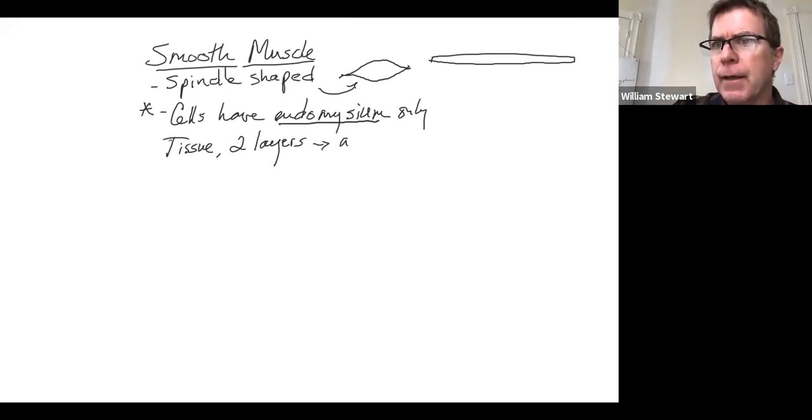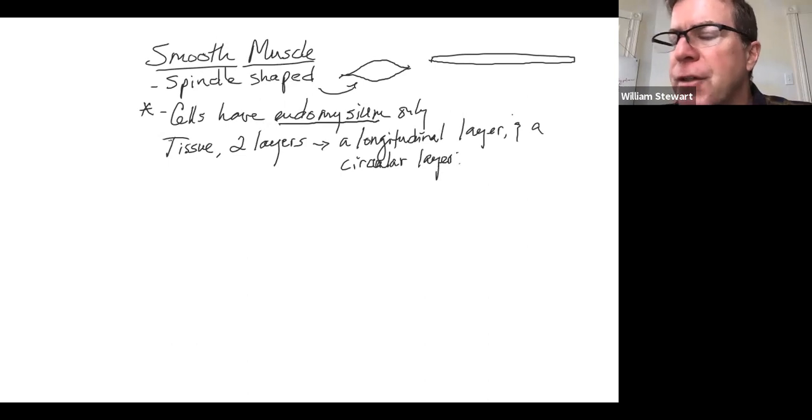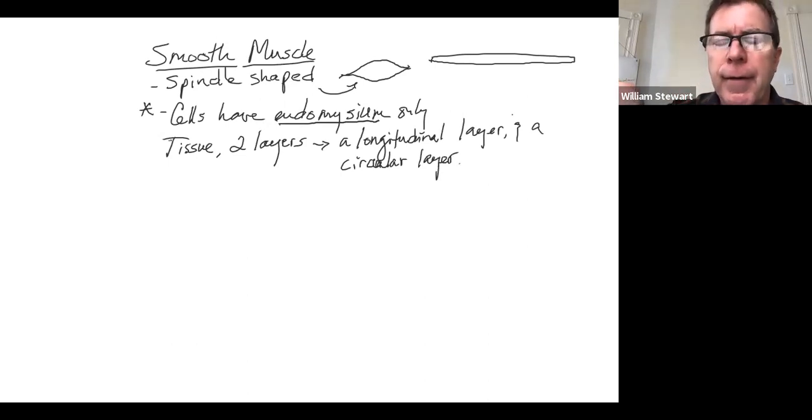There is a longitudinal layer and what we call a circular layer. Those names just refer to the direction that the fibers run.